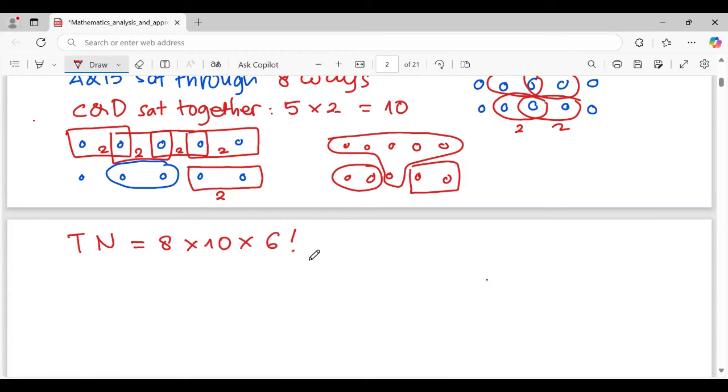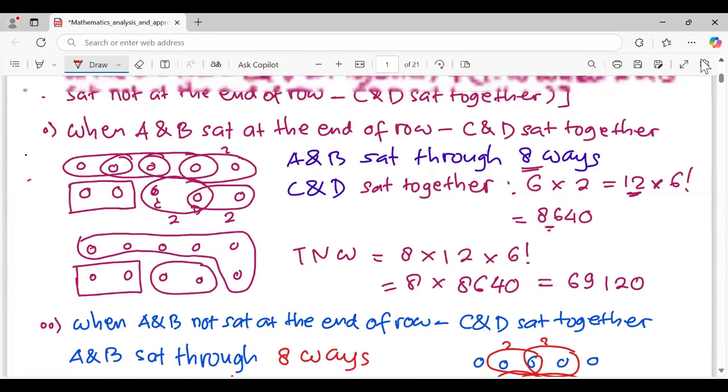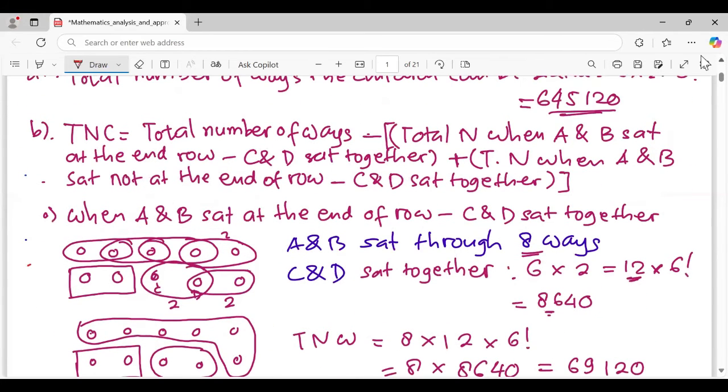If you calculate the result, it is 57,600. All right. So based on this formula, I have written TNC.